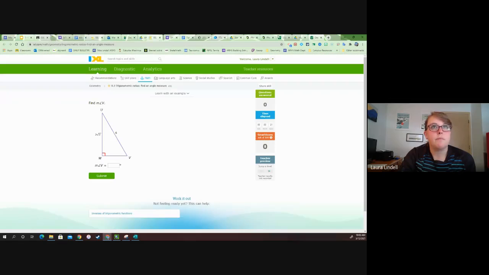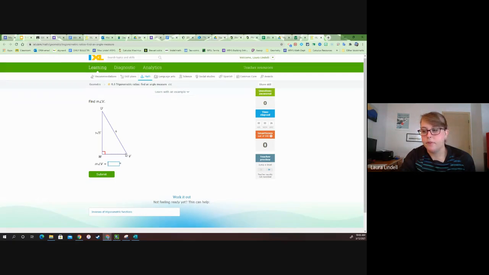So for example, in this first one, if I'm finding the measure of angle V, this looks a lot like the one that we just did. You have 3√3 and you have 6. It's the opposite and the hypotenuse, so we're going to use sine. And what I'll end up typing into the calculator is sine inverse of 3√3 over 6.